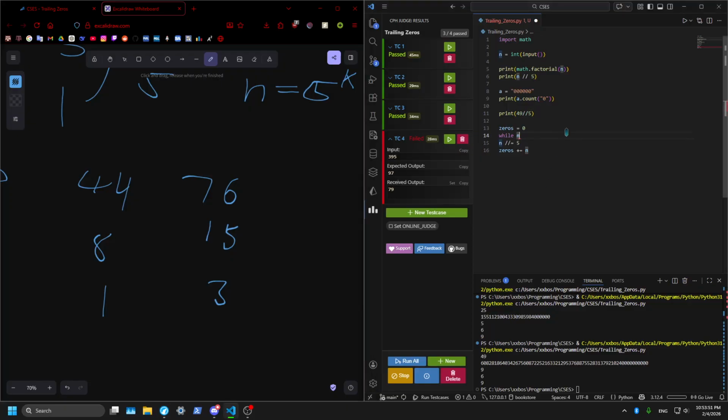While n is greater than or equal to 5, divide n by 5 and add to zeros. 76 divided by 5 is 15. Fifteen is greater than 5. 3.